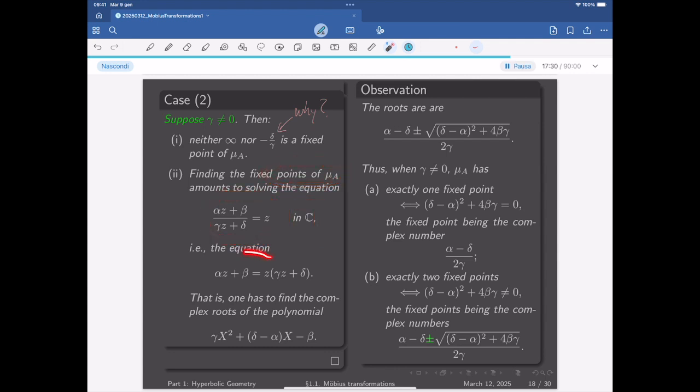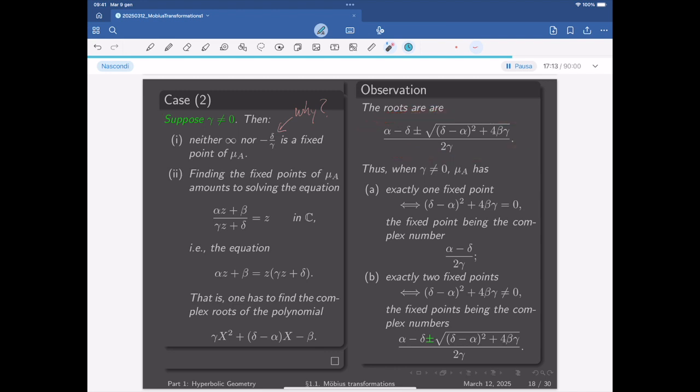Okay, and then I realized that solving this equation is equivalent to solving this equation, which is equivalent to finding the roots of this polynomial. And then I know the formula that I've known forever.